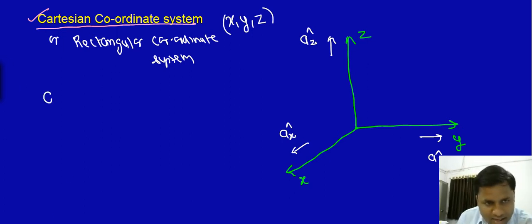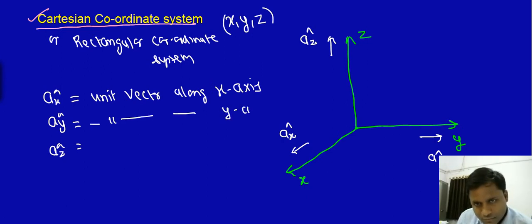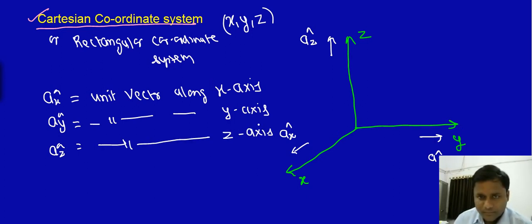So we can say that x cap, y cap, and z cap are called unit vectors. This is a unit vector along the x-axis. Similarly, this is a unit vector along the y-axis, and similarly, a unit vector along the z-axis.